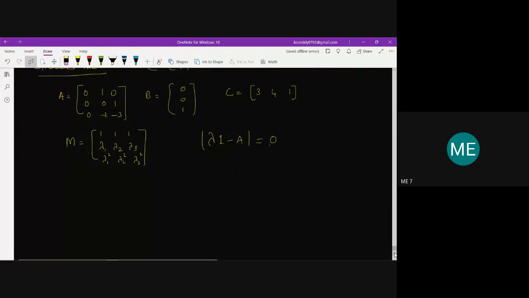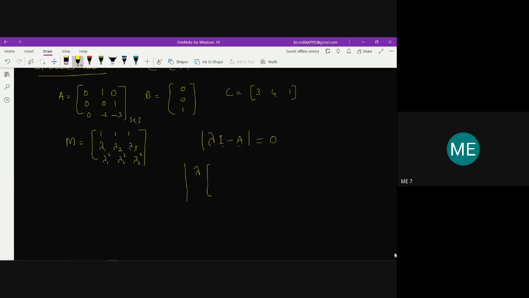So here substitute the determinant of lambda into I. I depends on the order of the matrix A. The order of the matrix is 3 by 3, so this identity matrix also should be 3 by 3.